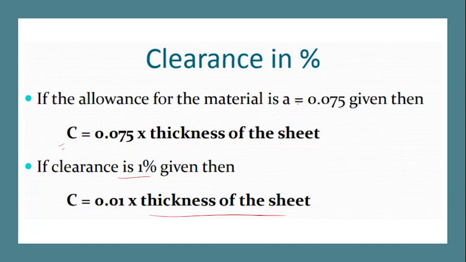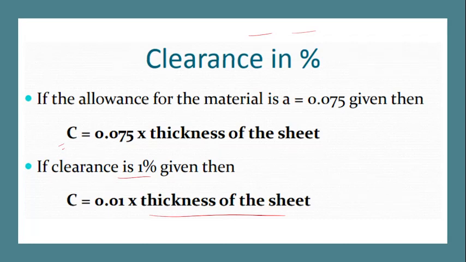See, if they are giving radial clearance and they will give you allowance also, so you have to add both. Suppose there is one question where they give you the radial clearance and also give you allowance on the material. So you have to add both of them and then subtract.